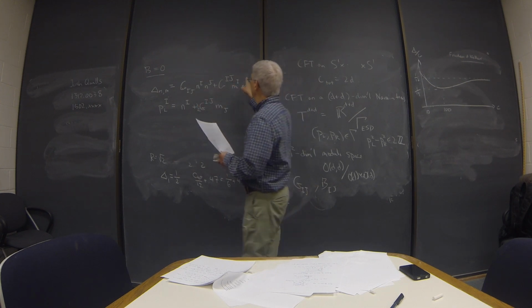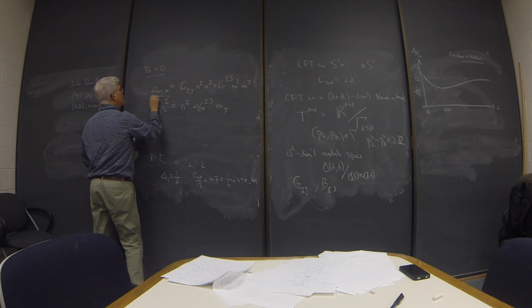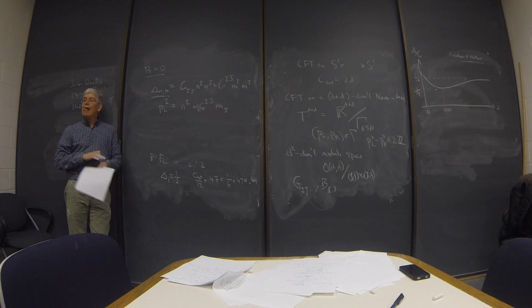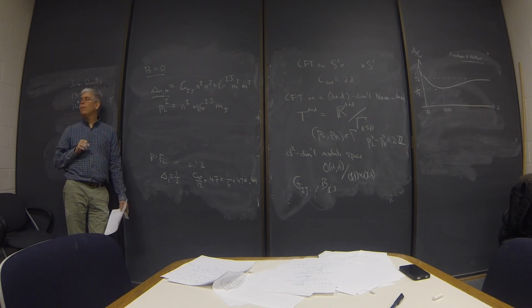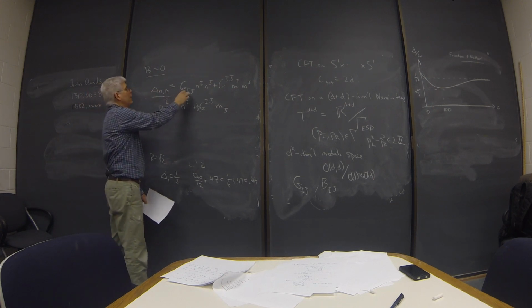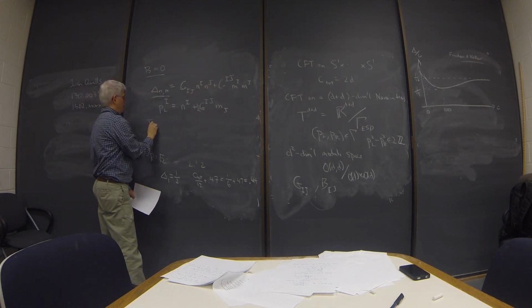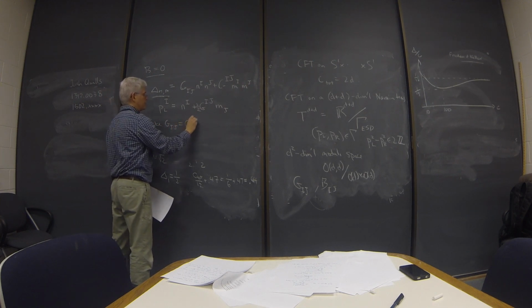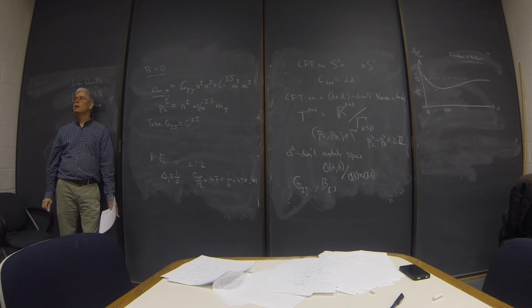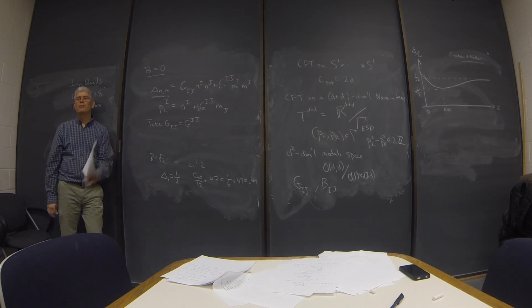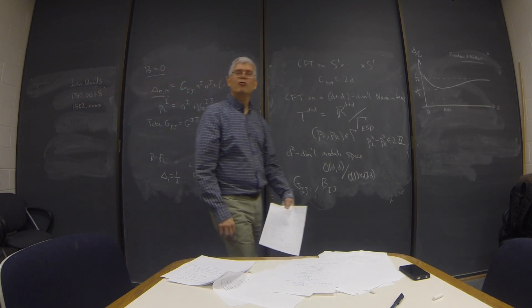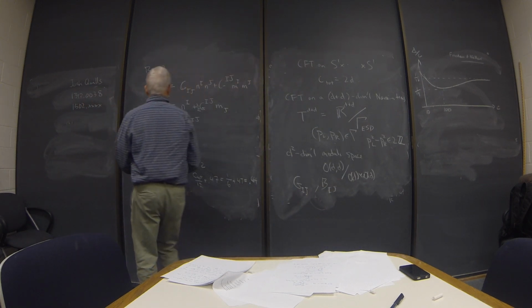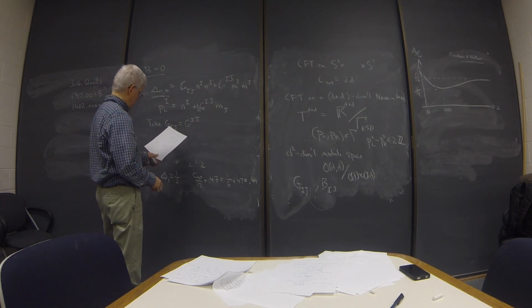So the way that you're going to maximize the gap to the lowest dimension operator of this type is by taking G_ij to be self-dual. Just a fact, but it makes sense based on that simpler one-dimensional example I showed you.